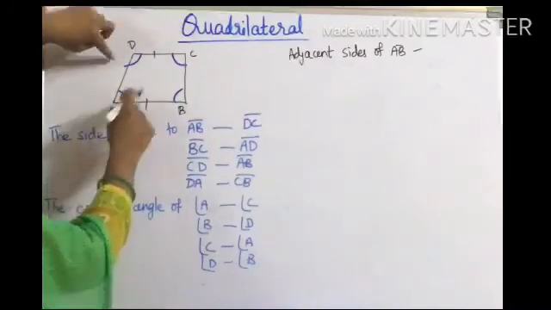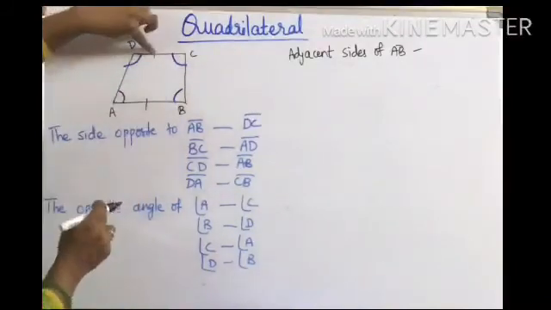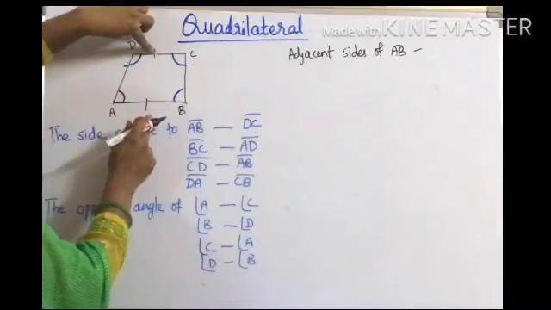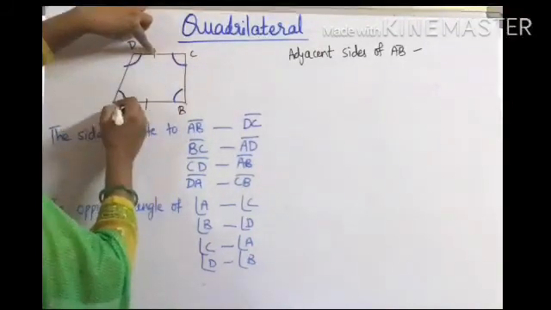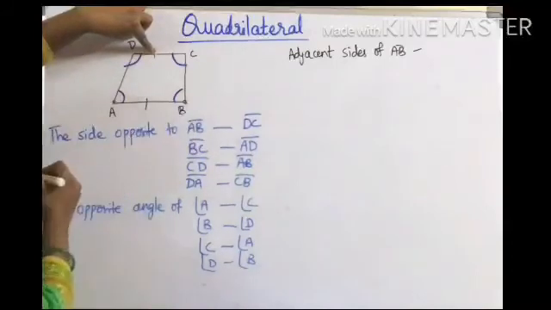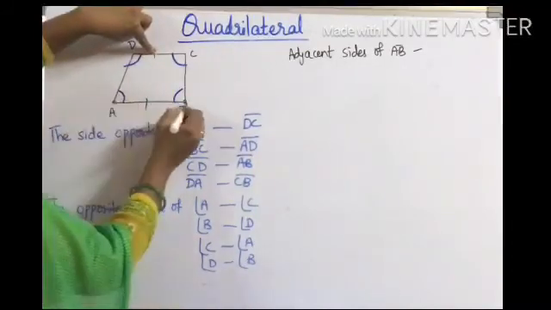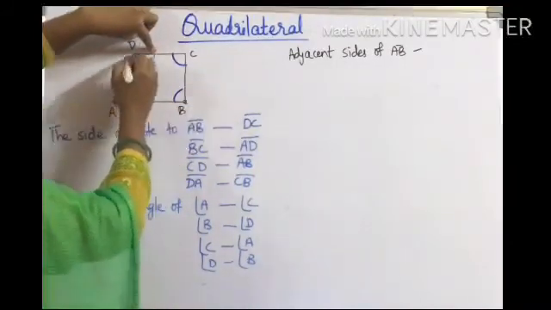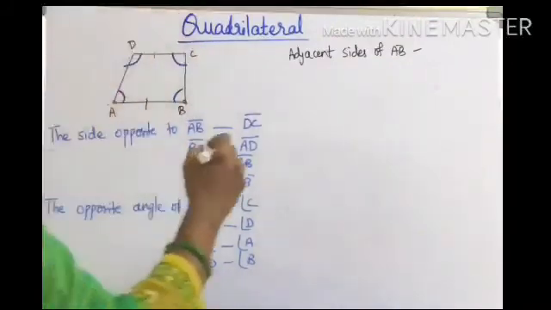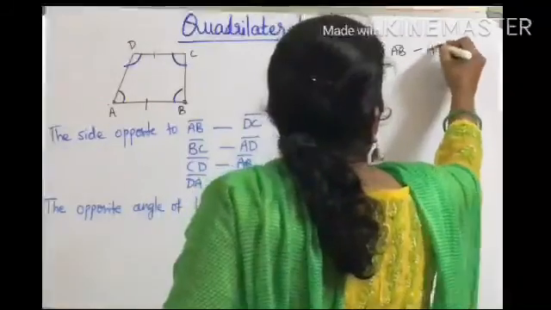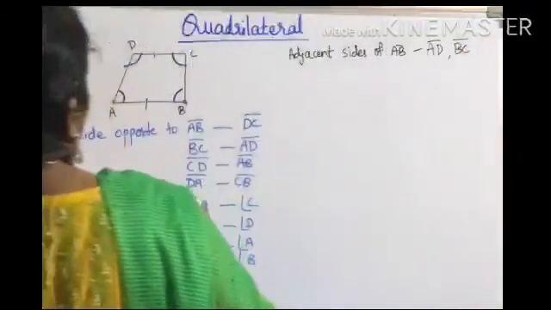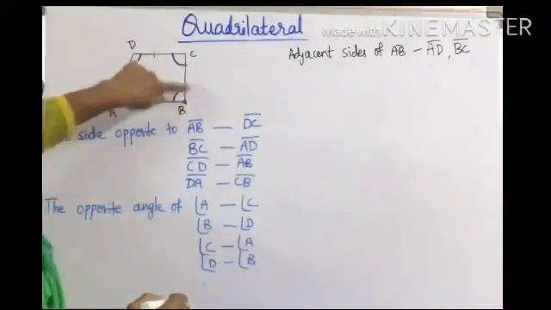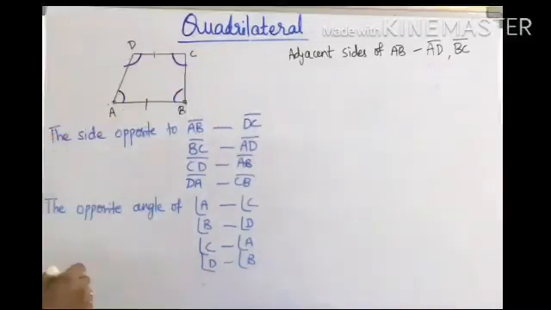The other than opposite. Here CD is opposite. The other two sides left over are what? AD and BC. Means the line segments which are touching that line segment, children. Here the adjacent sides of AB is nothing but AD and BC. Okay? AD and BC are the two adjacent sides of AB.